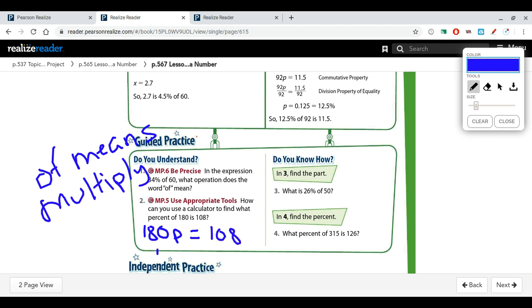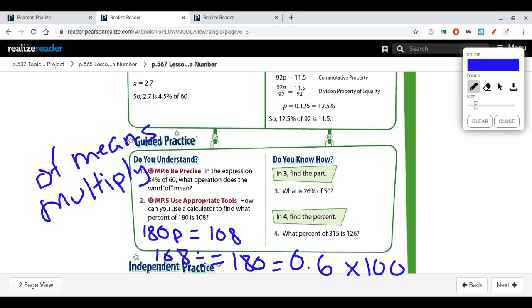So I'm going to do 108 divided by 180. When I plug 108 into the calculator and divide that by 180, I end up with 0.6. Then I have to take this value and multiply it by 100.